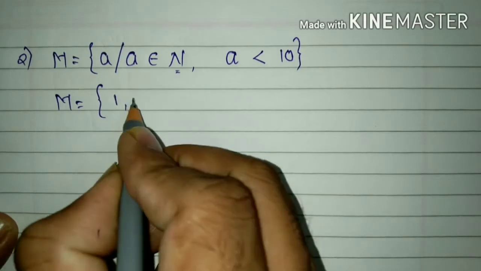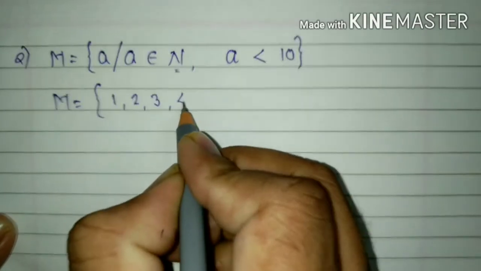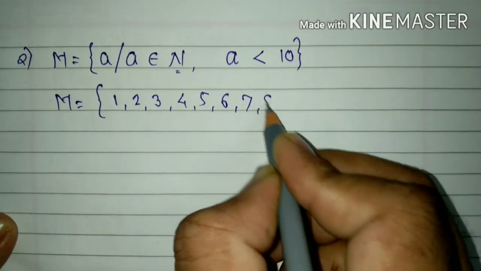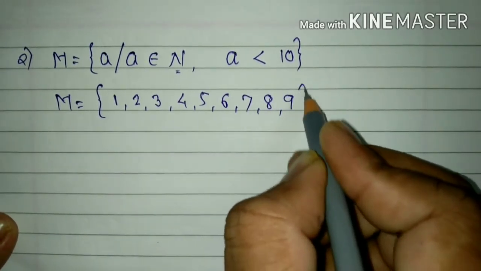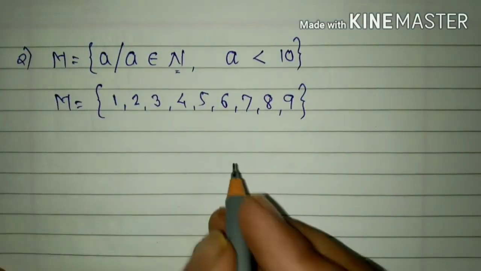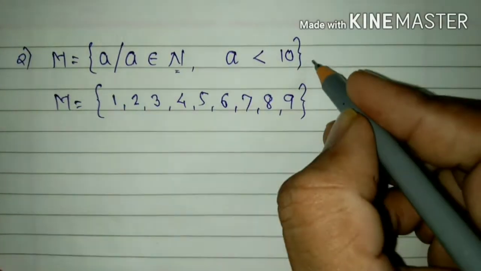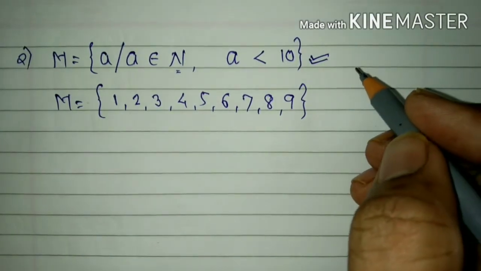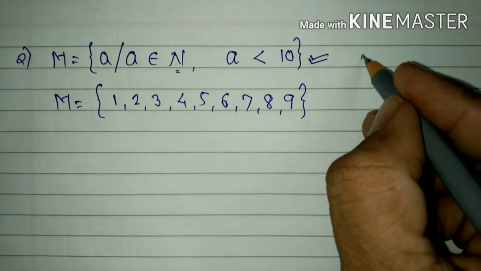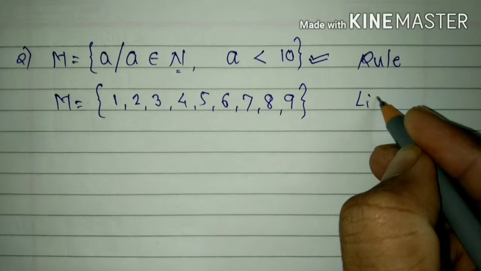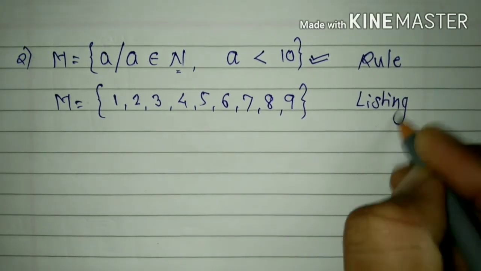So M is equal to 1, 2, 3, 4, 5, 6, 7, 8, 9, because we want less than 10. So this is the set. This form is the set builder form, or you can say the rule method, and this one is the listing method.